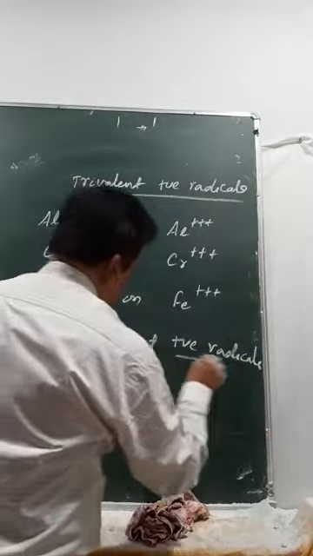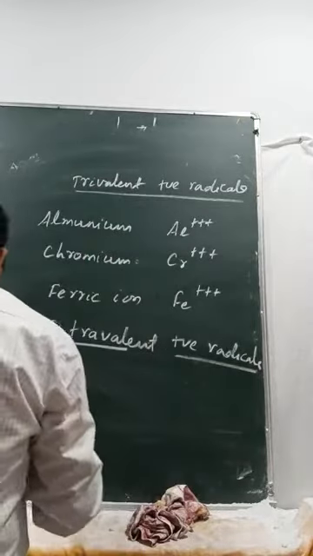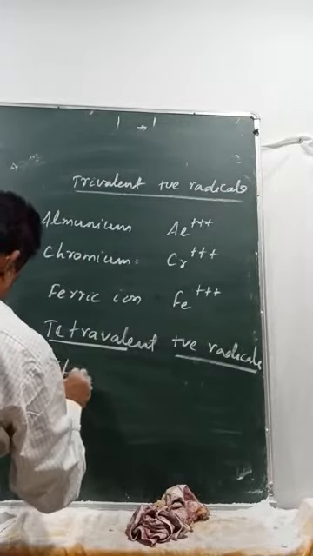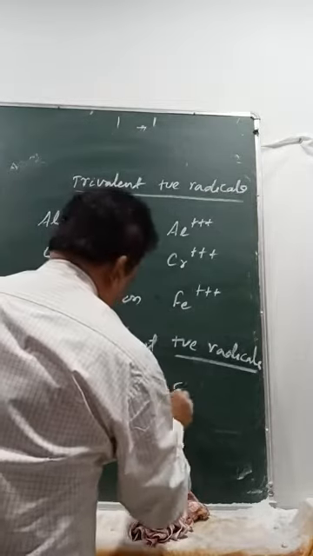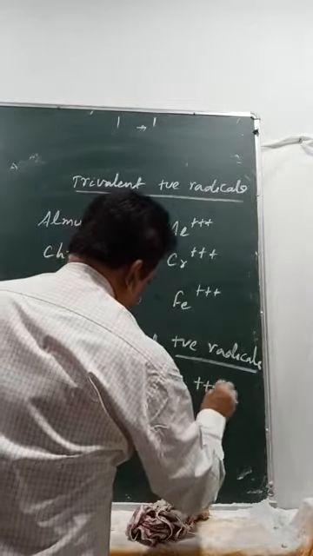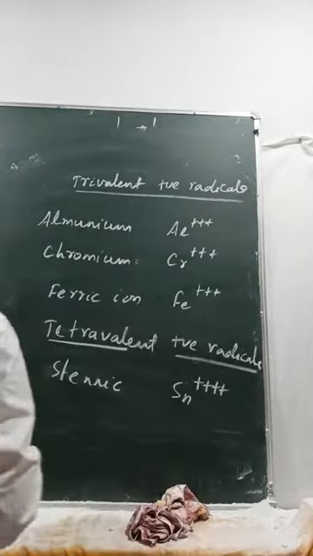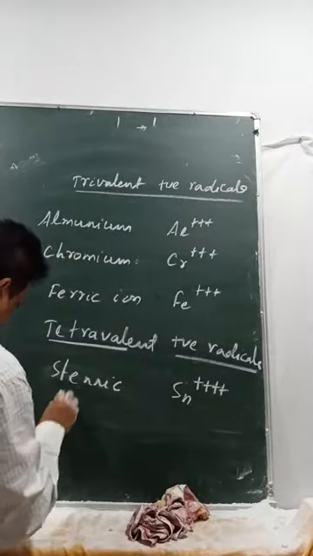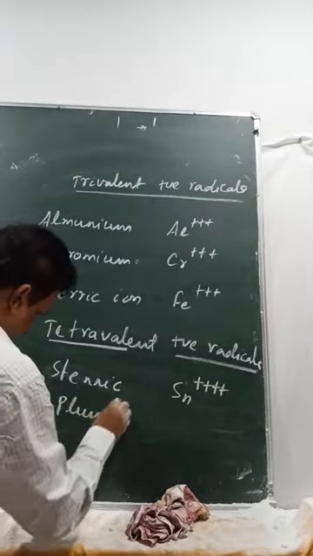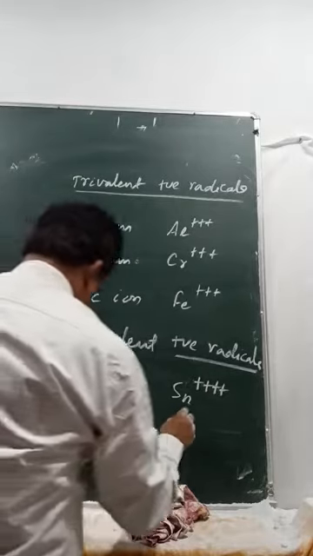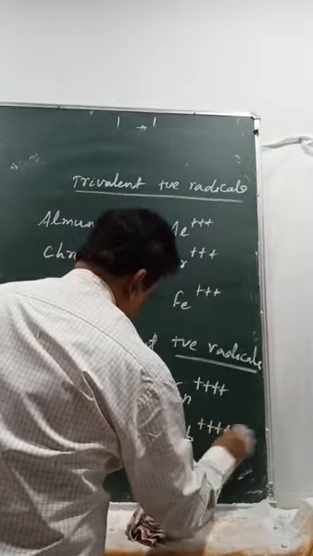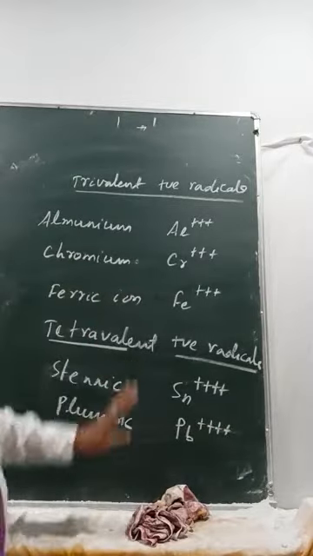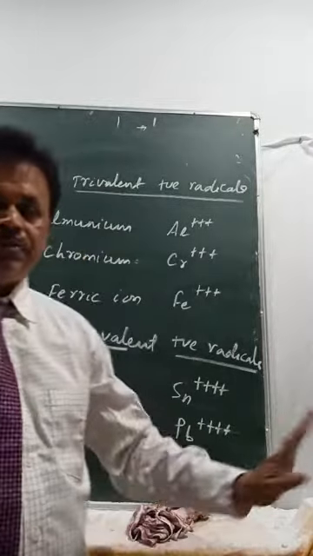Tetravalent is valency 4, so that is stannic, Sn, it can give 4 electrons. Then comes plumbic, it is Pb. Okay, these are the positive radicals minimum you have to remember.